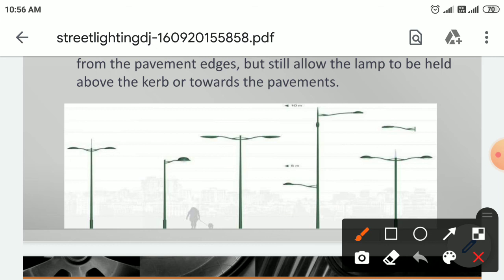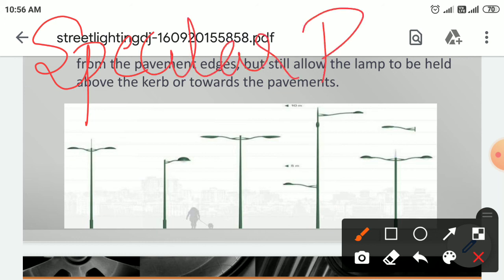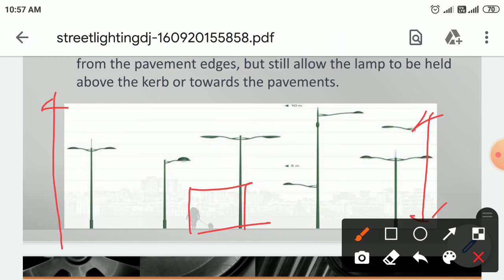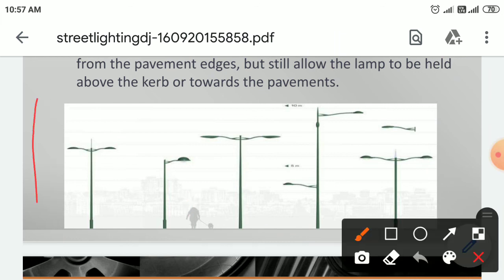Then there is the specular reflection principle. For example, here you have an object, here is a light, and here is an observer. The specular reflection principle says that the angle of incidence of light from the light source will be the same as the angle of reflection.